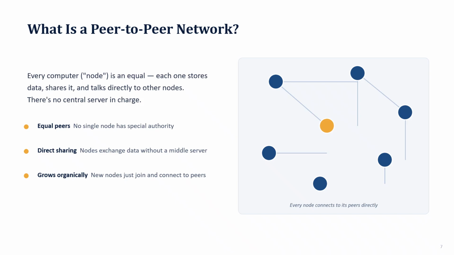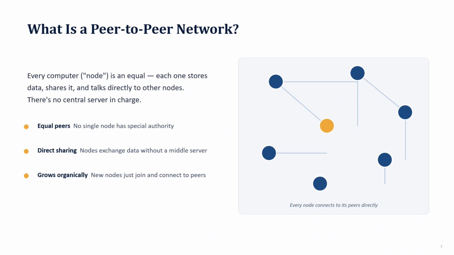What is a peer-to-peer network? In a peer-to-peer or P2P network, every computer, every node, is equal. Each one can store data, share it, and talk directly to other nodes with no central server coordinating anything. Three things define it. Peers are equal, with no node holding special authority.